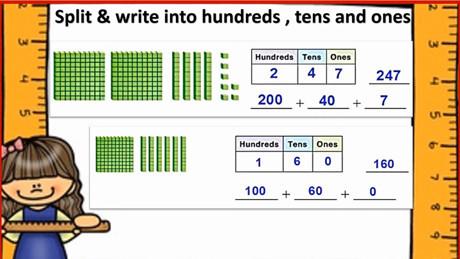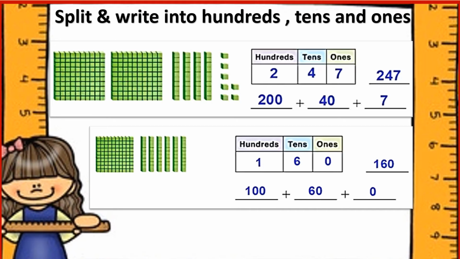Plus how many stacks of 10 we have? 4. So 4 stacks of 10 makes it 40. And how many separate blocks we have if we count them? 7. So together if we add them, they make 247.